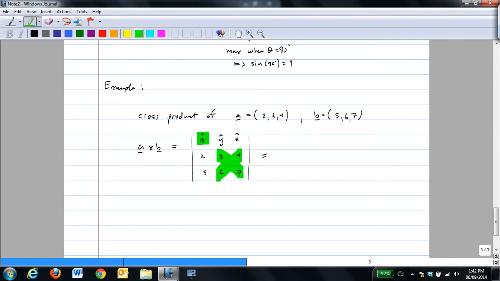So we take this x hat here, and multiply it by 3 times 7 minus 6 times 4. And then once we find the x component, we take the y component and we do this times this minus this times this.